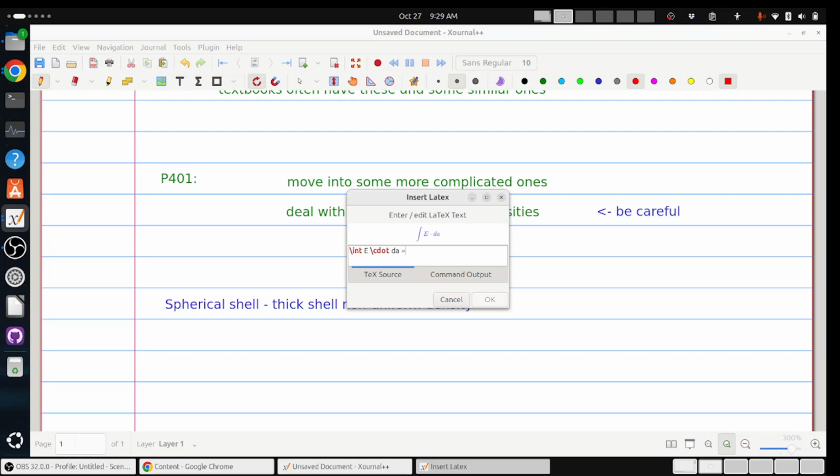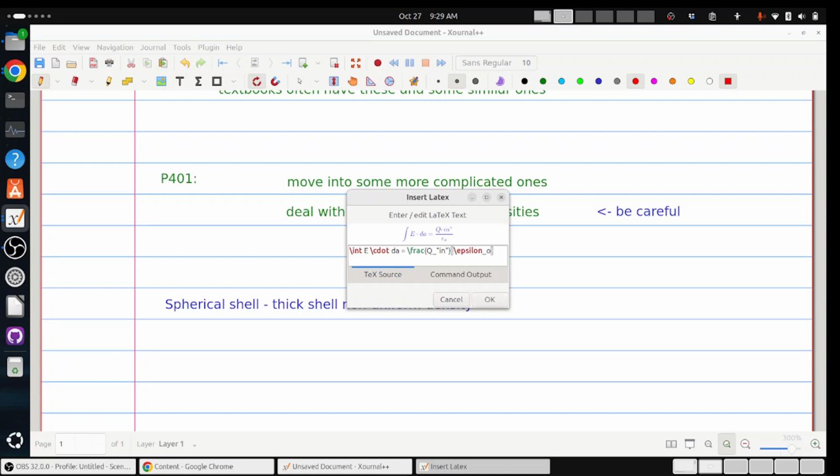Okay, and that's got to be equal to the fraction of Q enclosed over epsilon naught.